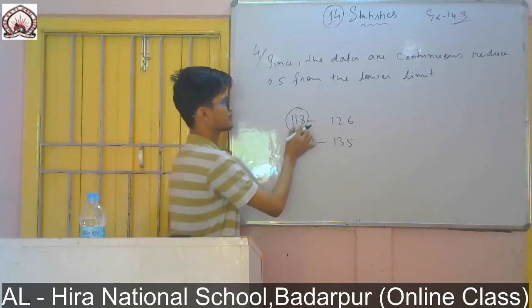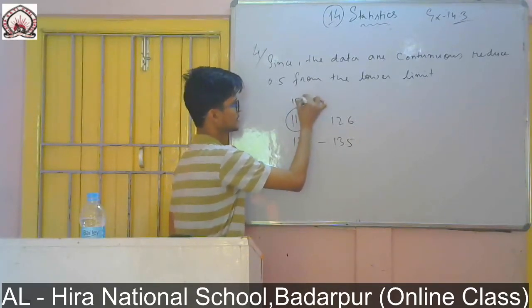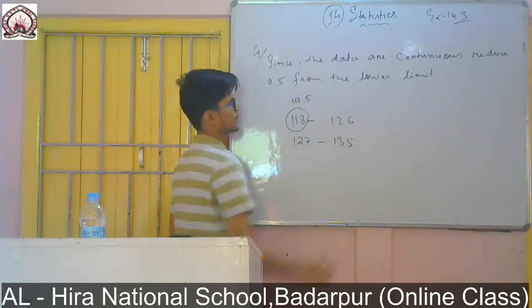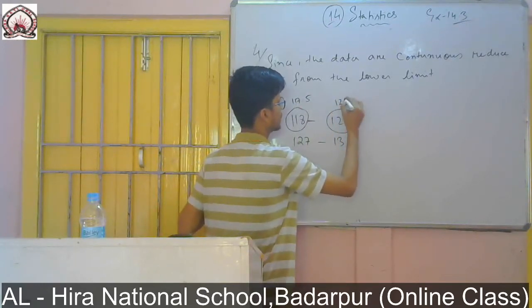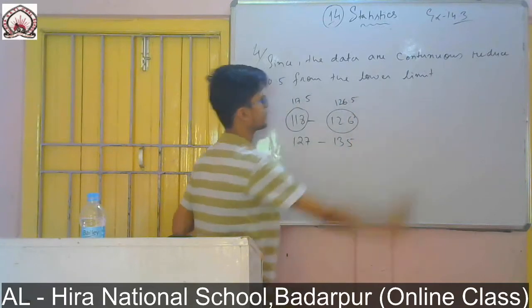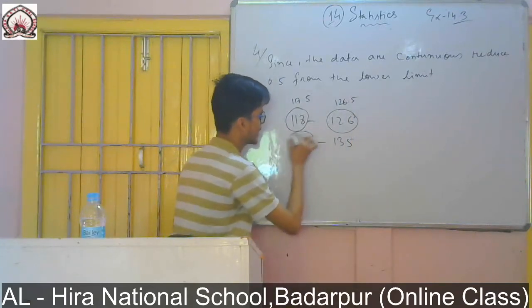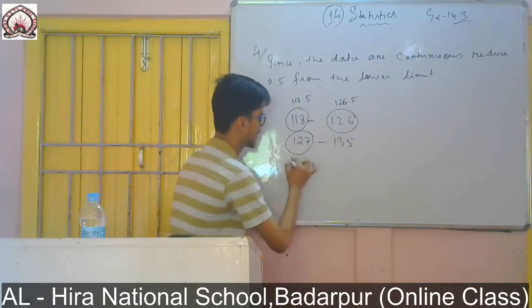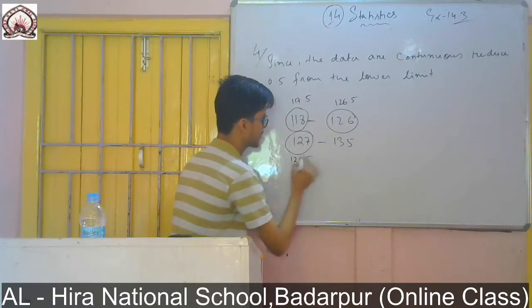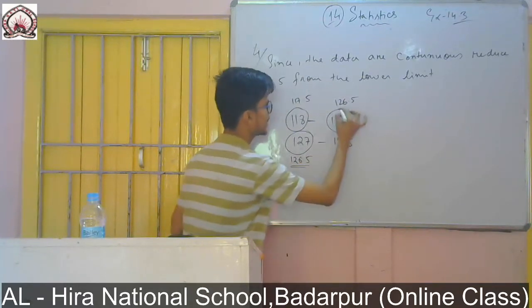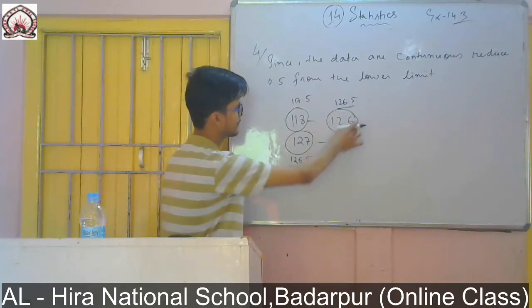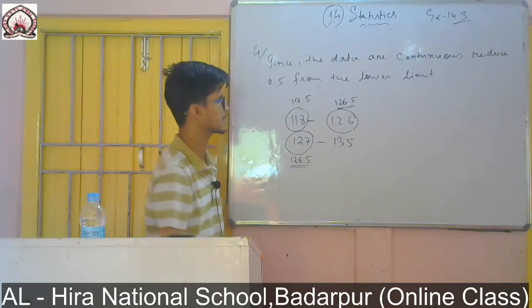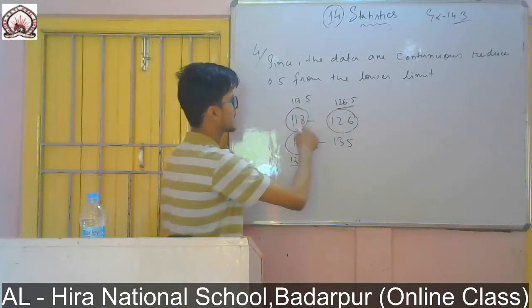So if I subtract 0.5 from this one, it will be 117.5, and at the upper limit we add 0.5, so it will be 126.5. Then the next one, again I subtract 0.5, so it becomes 126.5. Now you see this one and this one are the same. The upper limit of this interval equals the lower limit of the next interval. Now we can say that the data is continuous.